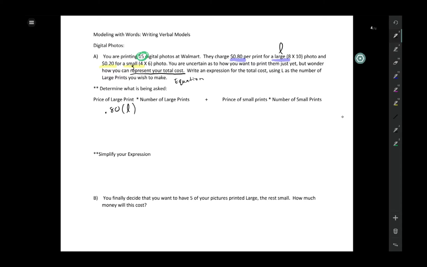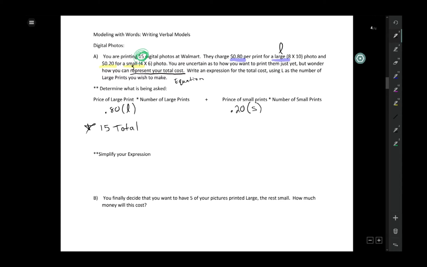The price of small prints is 20 cents for our small prints. Okay, but what about this 15? We have 15 pictures to choose from, and this is what we're going to talk about. One thing we know is that we have 15 total pictures.